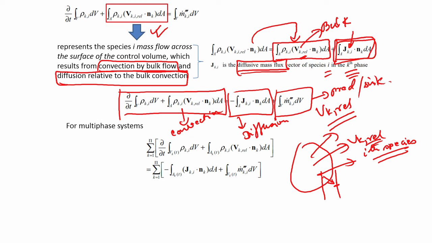Now, for multi-phase systems, this is for each species. Each species may be present in at least 2 phases. So, there you sum it over each of the individual phases. Once again the A_k, the V_k comes into the picture. It all remains the same, except that we are having a transport of each species as per this particular equation.